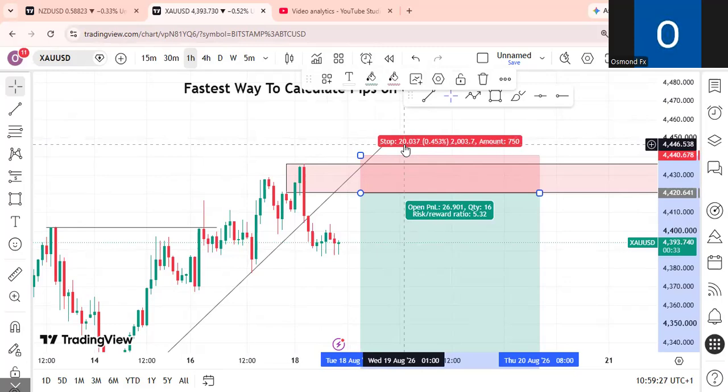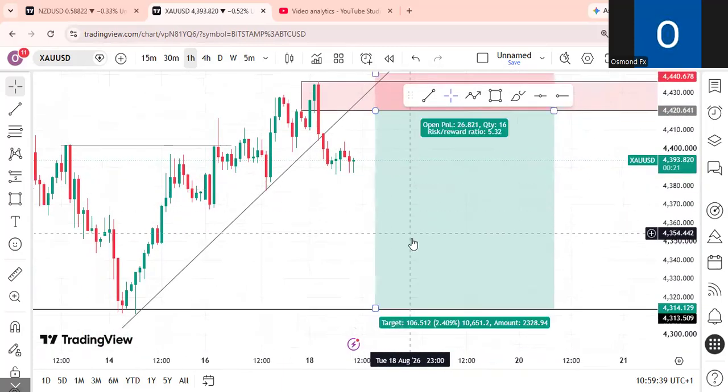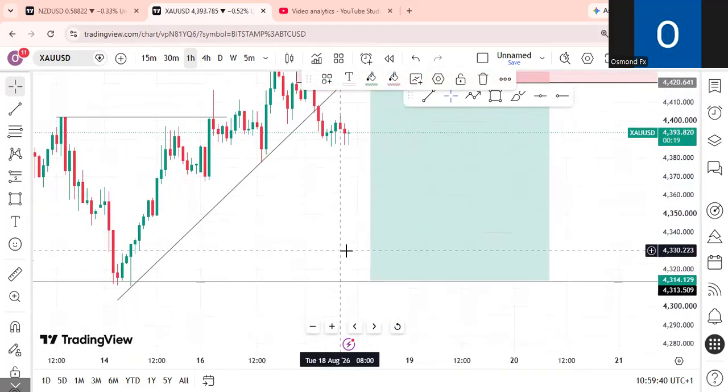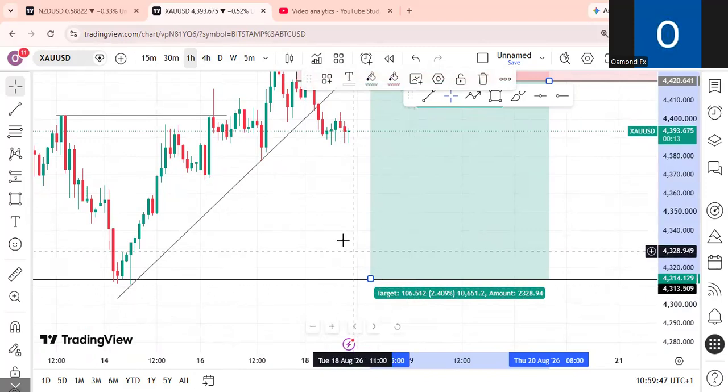If we use the least lot size, which is 0.01, and the market goes against you, you're going to lose $20. All right. And if the market goes in your favor, you're going to make $106. That's if you use 0.01.